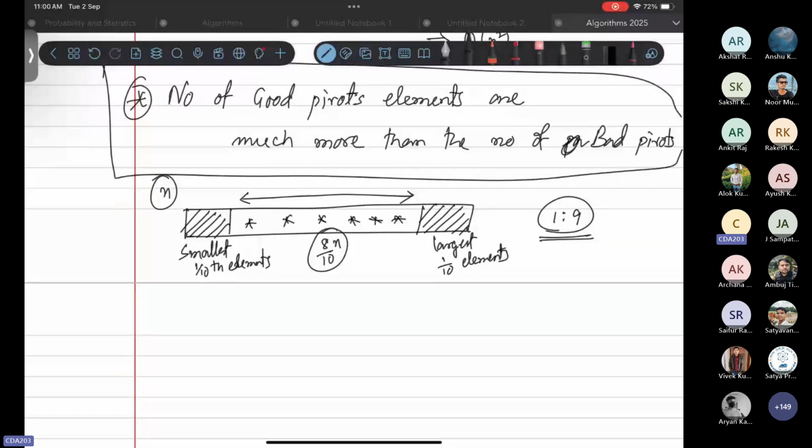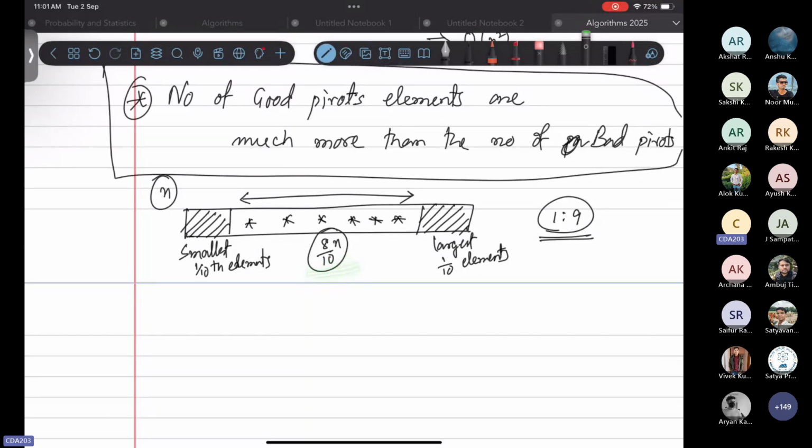So every element other than the smallest 1/10 or the largest 1/10 is going to give me a better partition than 1:9. And how many such elements are there? It's like 8n by 10.